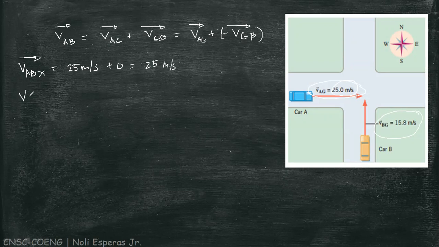And for the y component, V_ABy, V_AG has 0 y component, and V_BG is 15.8 meters per second.